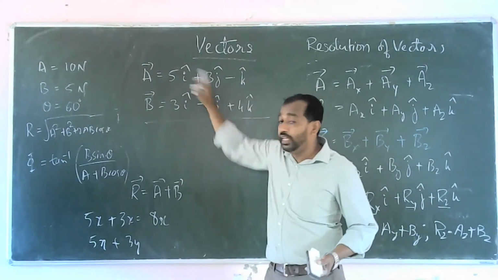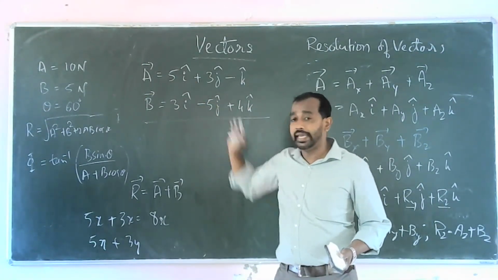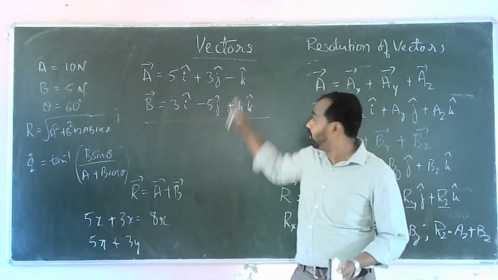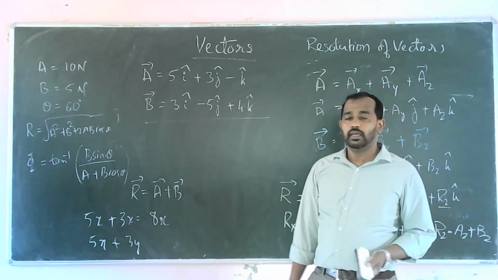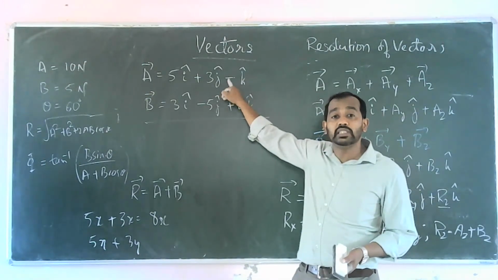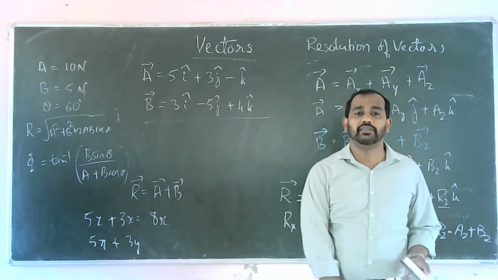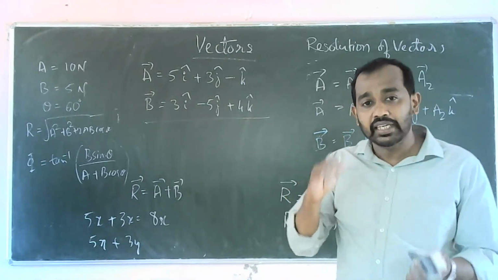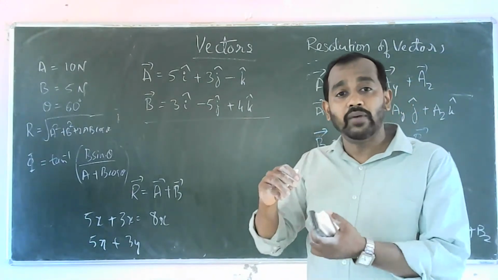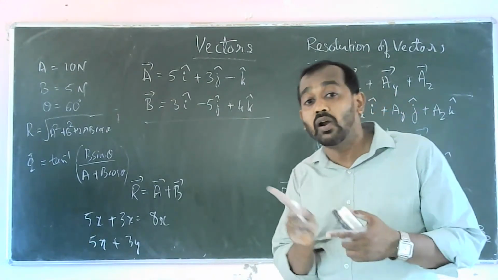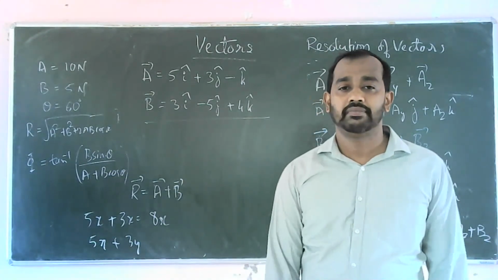We can add only those numbers which have I cap, or only J cap, or only K cap. Simple. But here we have introduced the negative sign. What is the meaning of the negative sign? The negative sign indicates that the component of the vector is along the negative axis.